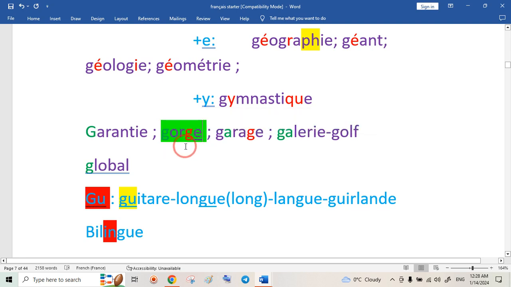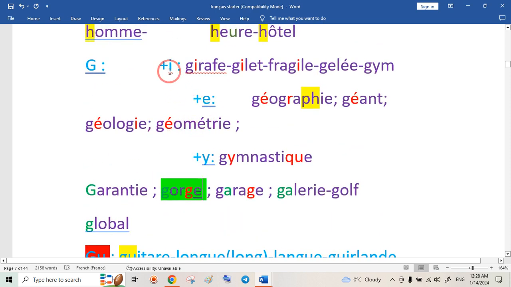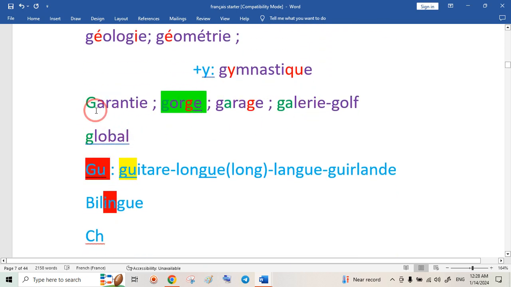Gorge, gorge means throat. Garage, garage. Galerie, galerie. Golf, golf. Global, global. So when you have G and after that E, I, Y, you pronounce it soft, but when you have other letters, you pronounce it hard.